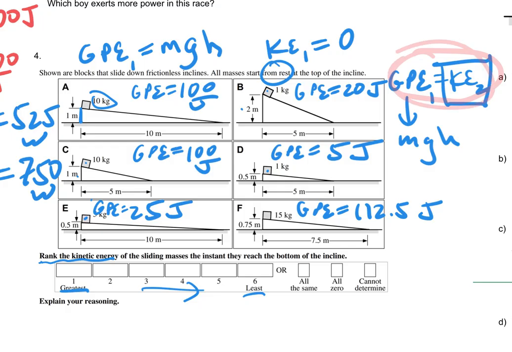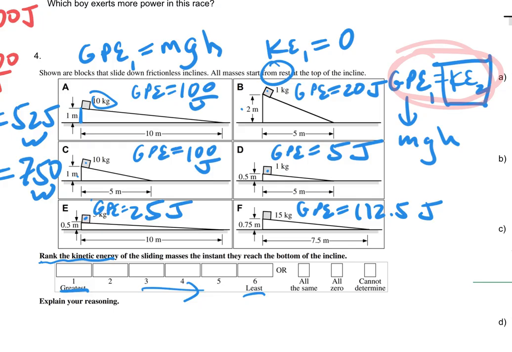So I just figured out GPE, and that's equal to the KE. So who's the biggest? Wasn't there one that was two?